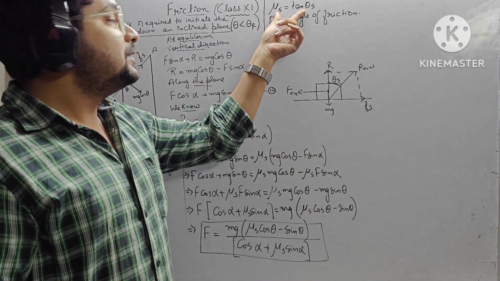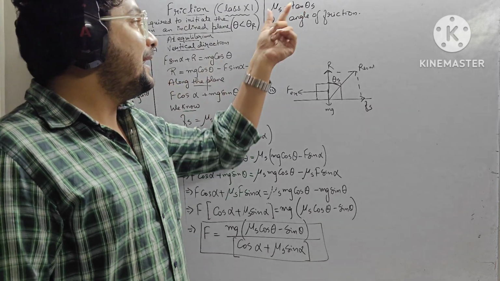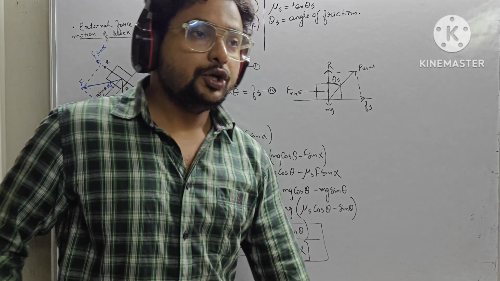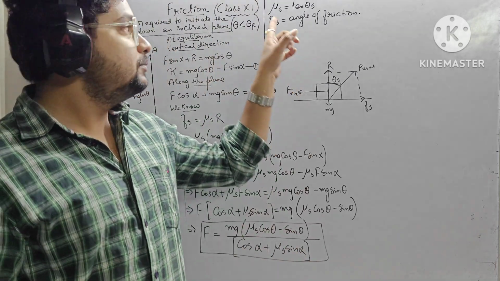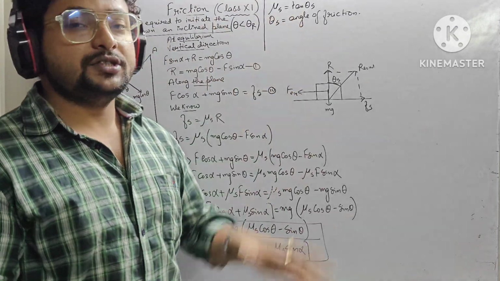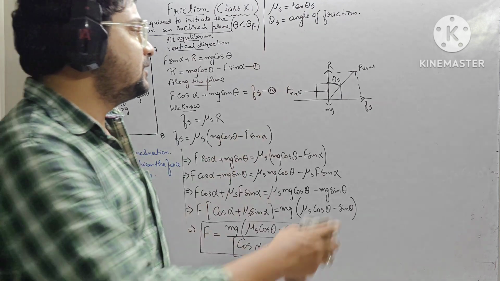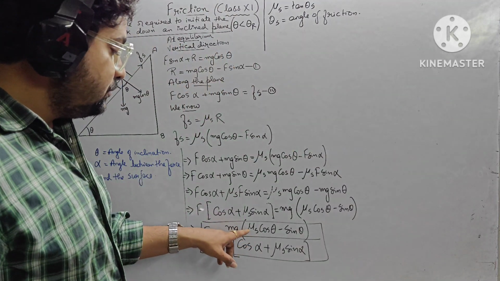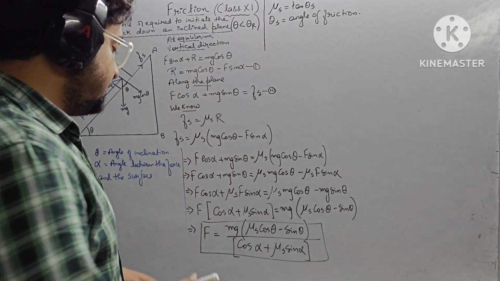Now we know that mu s equals tan theta s. The tan of the angle of friction is always equal to the coefficient of friction. So there is a particular relation between these two. Over here I can substitute mu s with tan theta s.